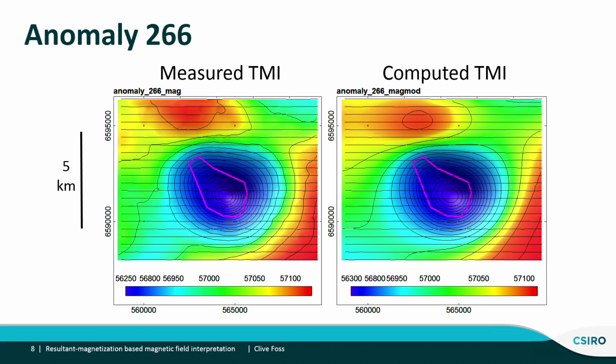This is a simple anomaly. There's very little evidence of structure in that anomaly. We should consider that we can only really justify having a simple model. This is the top plan of our preferred model, and we think this has an appropriate degree of complexity to recover all of the information in the anomaly, but not to add too much complexity that we cannot justify.